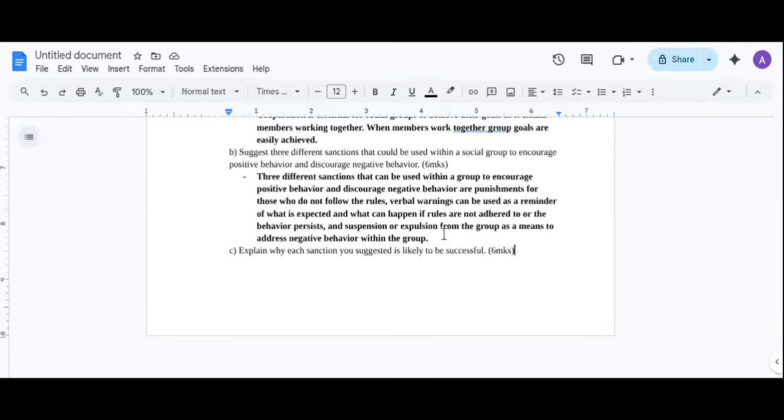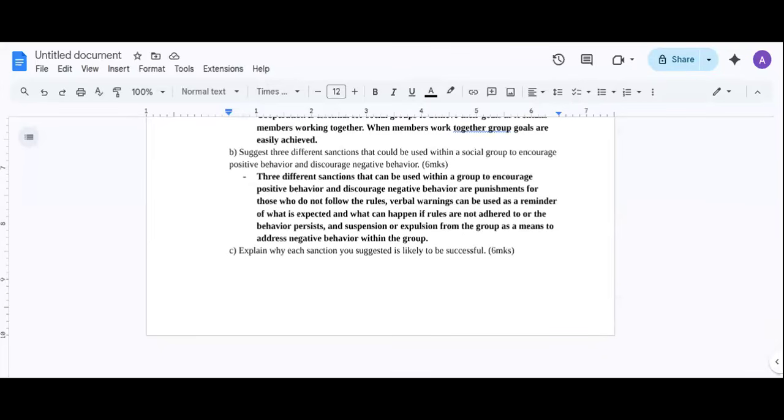And the last one, suspension or expulsion from the group. How will that be successful to encourage positive behavior and discourage negative behavior? Where are my participants? Yes, Shaniqua?